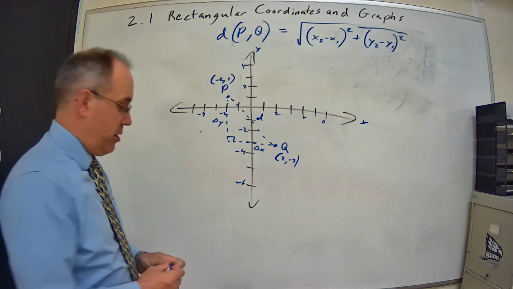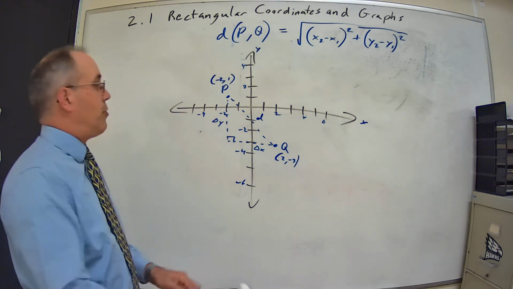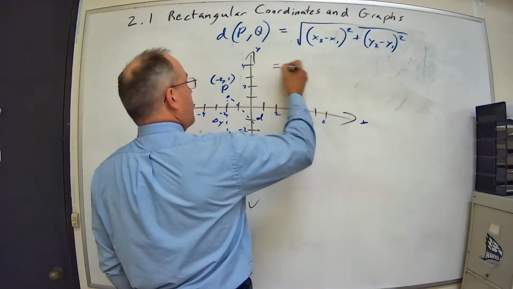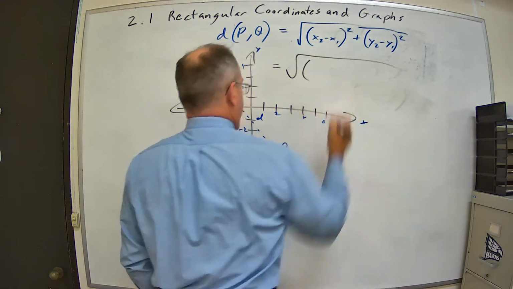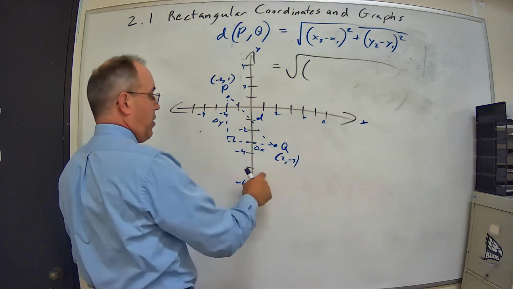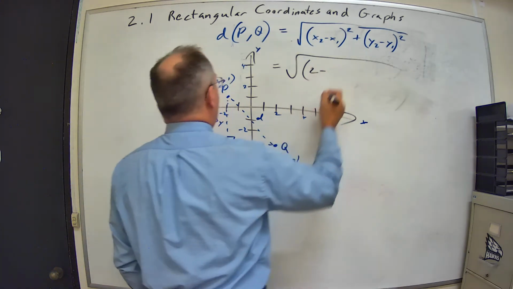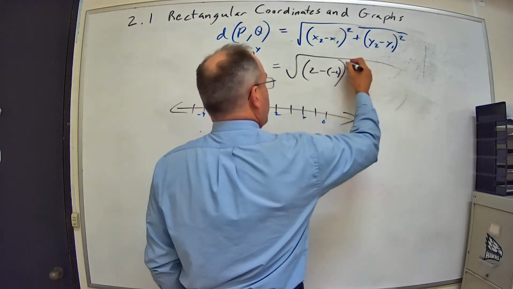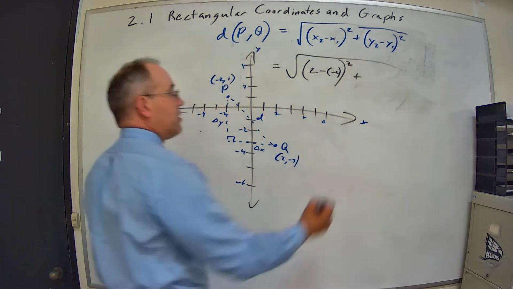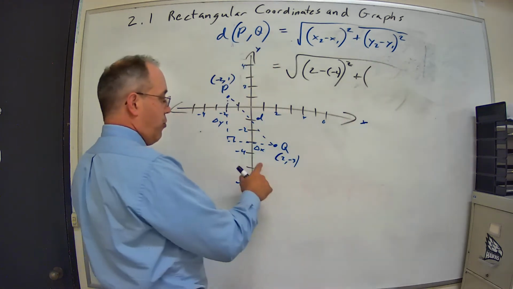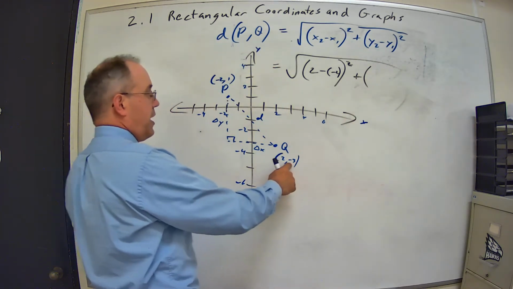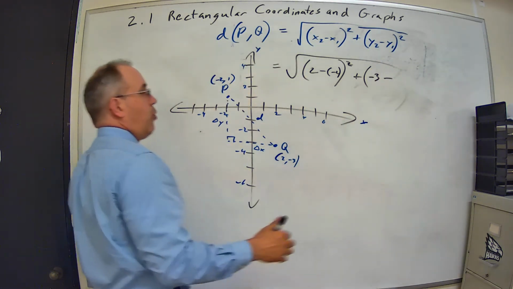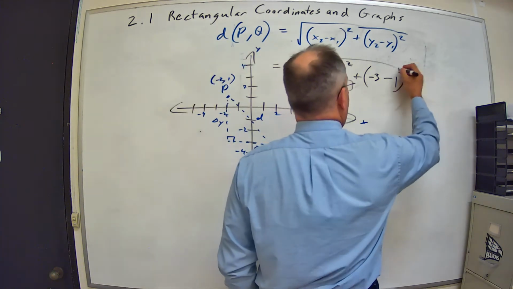Then using our distance formula here, I can find D by saying is equal to the square root of x2, well I'm going to call it 2, so x2 is 2 minus x1, negative 2, squared, plus y2, negative 3, minus y1, 1, squared.